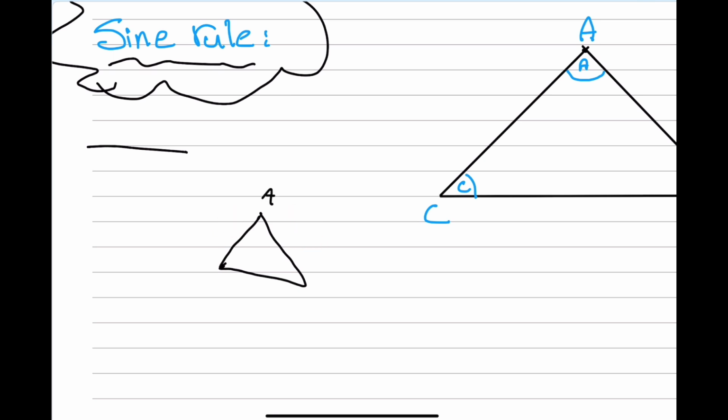We have the vertices A, B, C. So this is AC, this is AB, and this is BC.